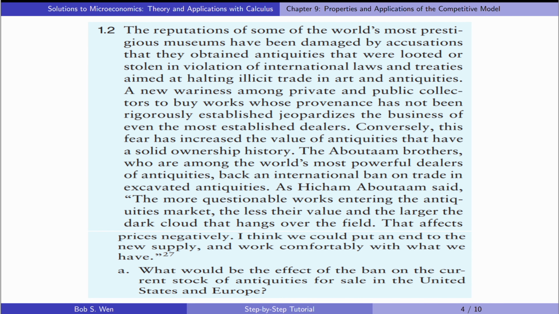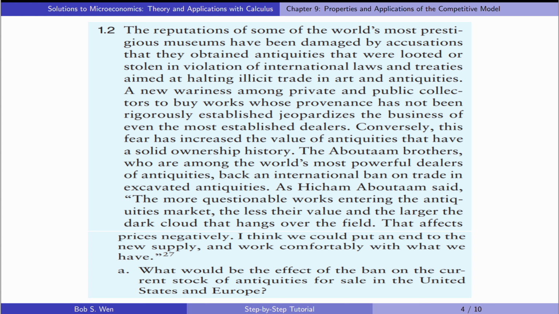Let's find answers to exercise 1.2. The reputations of some of the world's most prestigious museums have been damaged by accusations that they obtained antiquities that were looted or stolen in violation of international laws and treaties aimed at halting illicit trade in art and antiquities.